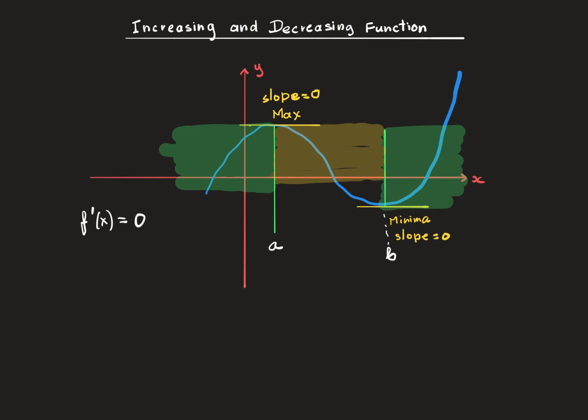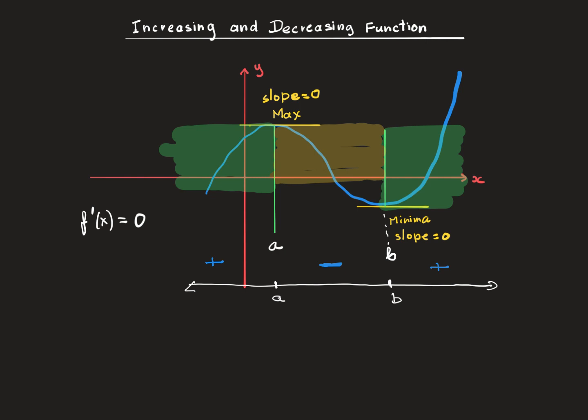Now we can draw what we call a sign diagram, which is a horizontal line, and we'll mark points A and B here. Now we determine whether that particular derivative is positive or negative at which values. In this case, we can see that for all the points between A and B, the slope will be negative, the slope above B will be positive, and the slope below A will be positive.